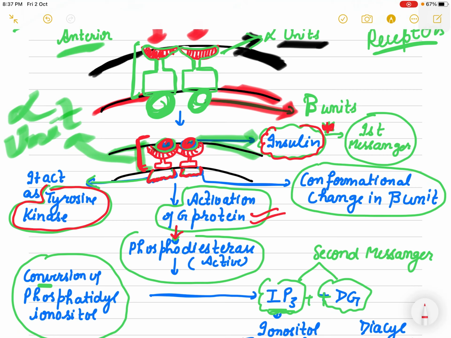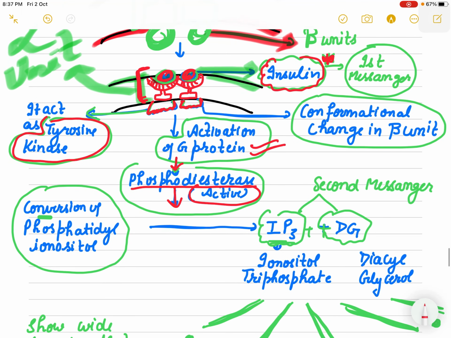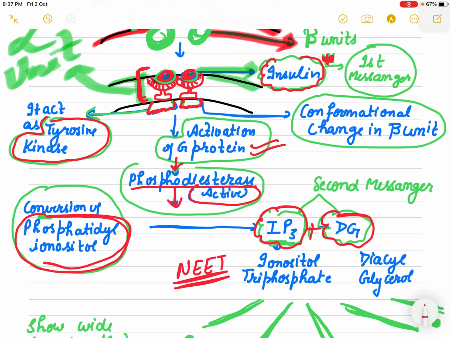This G protein changes the inactive phosphodiesterase into the active form. And as soon as this phosphodiesterase is active, there is the conversion of phosphatidyl inositol into IP3 plus DG. The purpose of telling you all this is that in NEET the question comes: what is the second messenger which plays an important role in insulin action? So what is your second messenger?